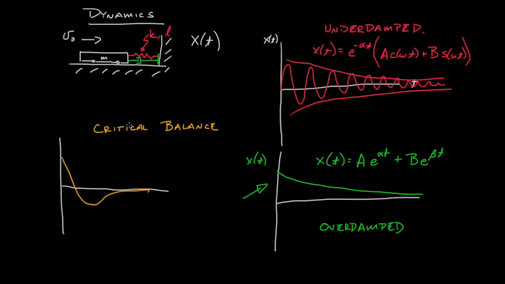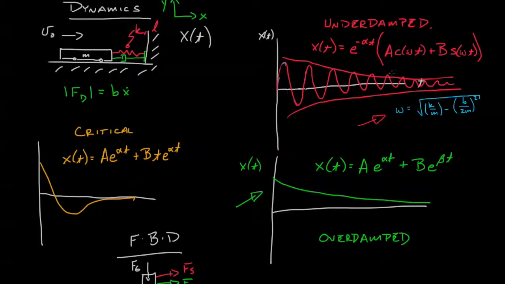And this one, the equation as a function of time, is a little bit different. It's A e to the alpha t plus B t e to the alpha t. Something of that nature.